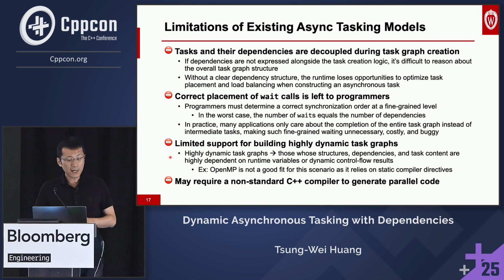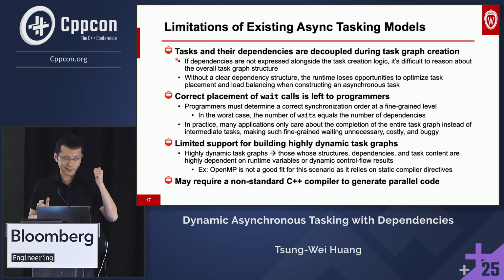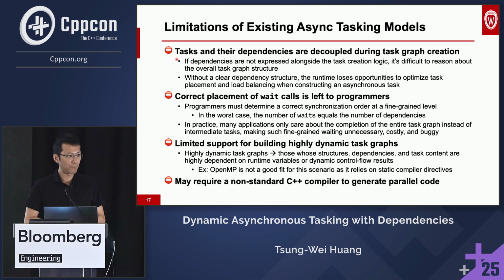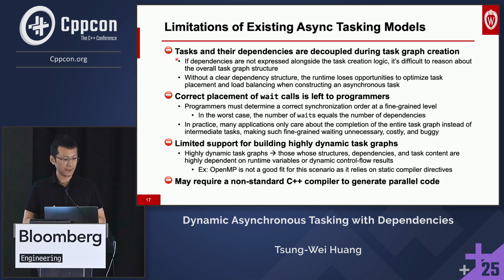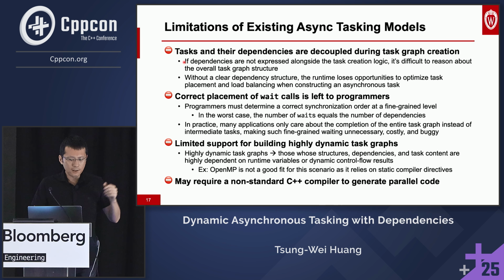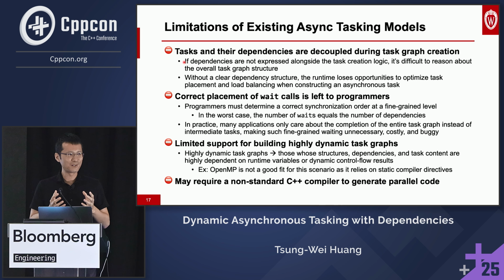First of all, if you pay attention to those models that we just talked about, tasks and their dependencies are often decoupled from each other during the task graph construction, right? If dependencies are not expressed alongside the task creation logic, it's very difficult for a programmer to reason about the task graph structure.